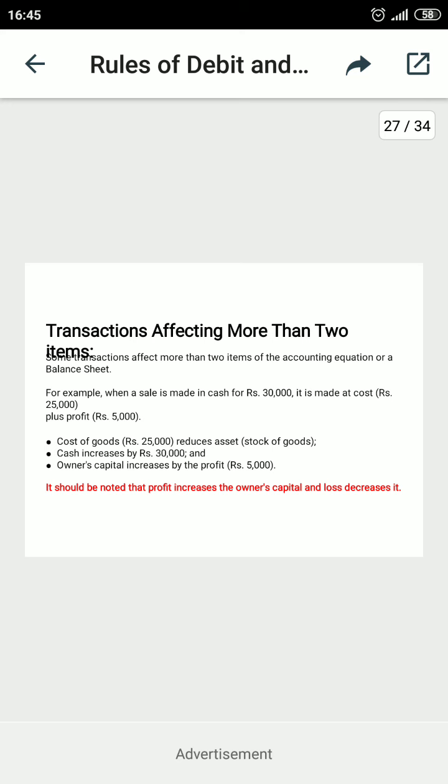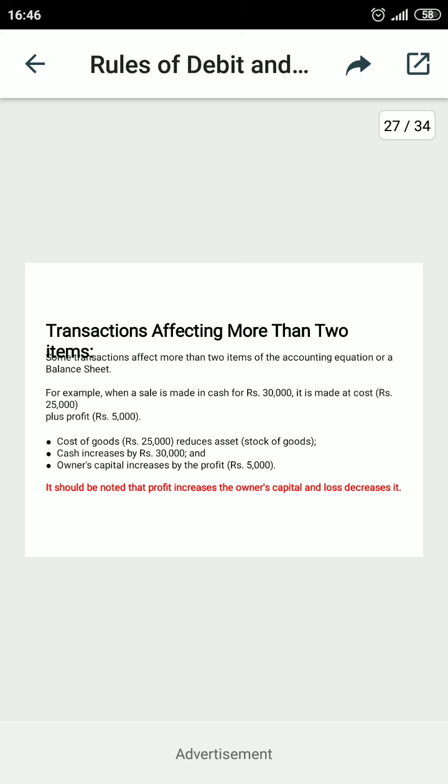So the difference between 30 and 25 is the profit of 5,000, because the market value is higher than the cost price. Sometimes it may be a loss, where the data may be reversed. The difference between the market value and the cost price is recognized with the name of profit or loss. So here three items are there.